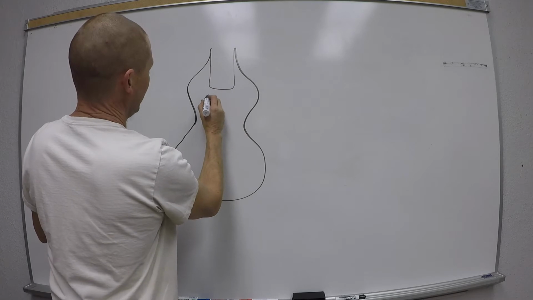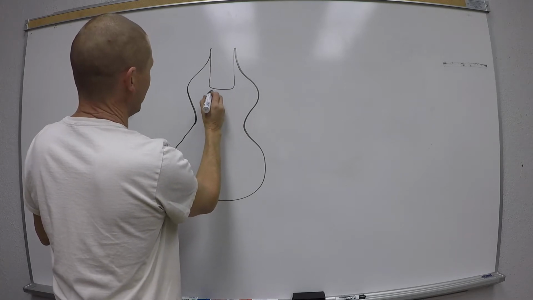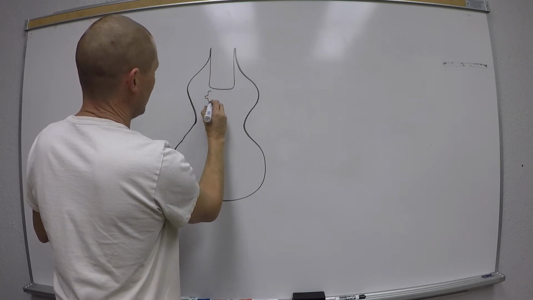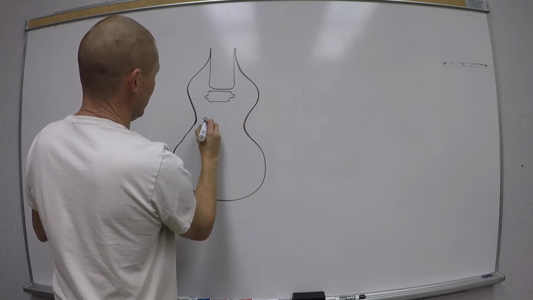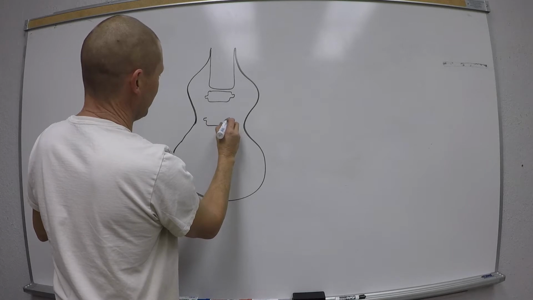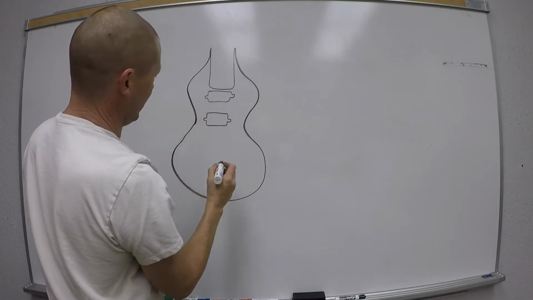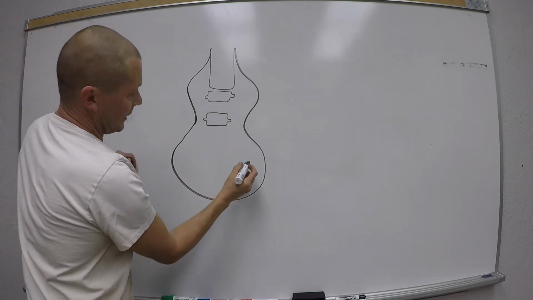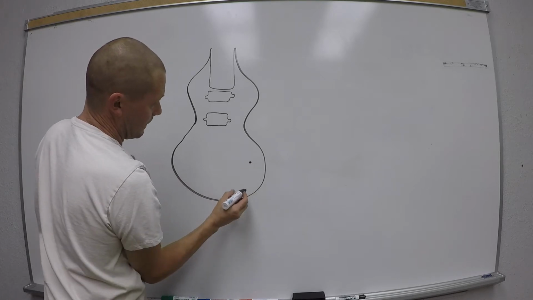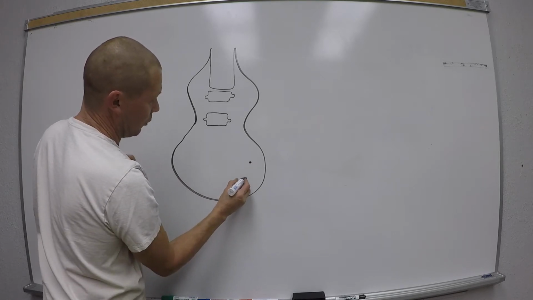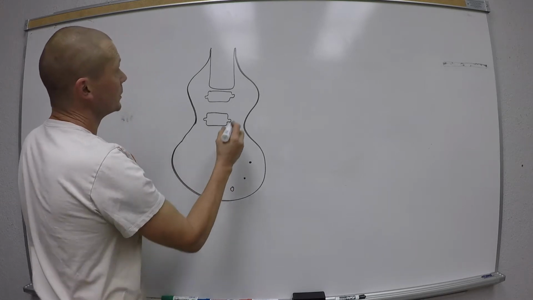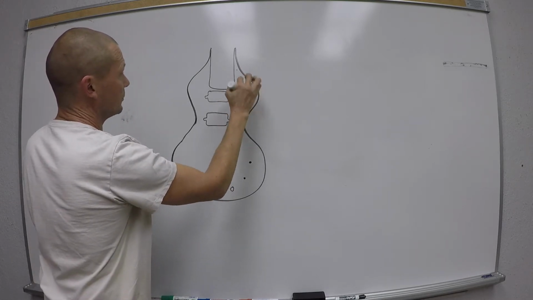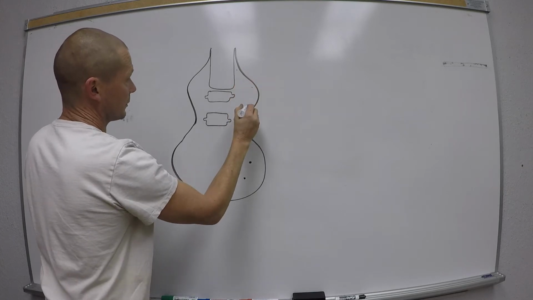It's got a through hole, so it's not a pocket, where that one pickup goes in here, and then it's got another. You guys have a drawing. And it's got a hole here for a volume knob, a hole here for a tone knob, a hole here for a switch, and then a bunch of holes around the perimeter.